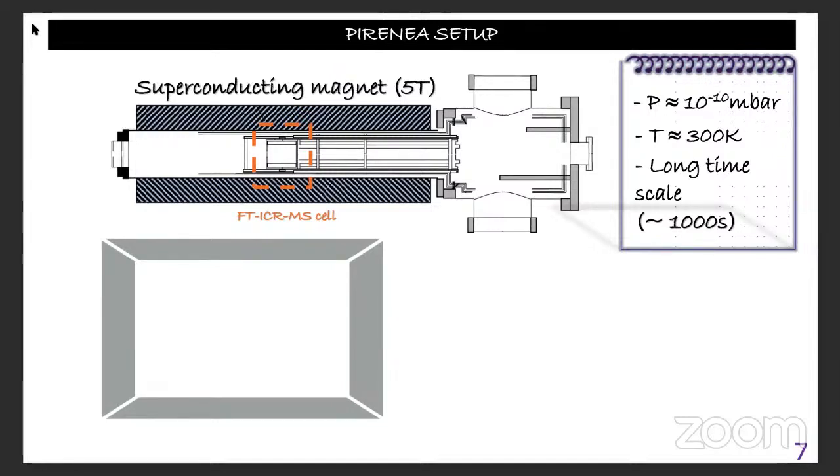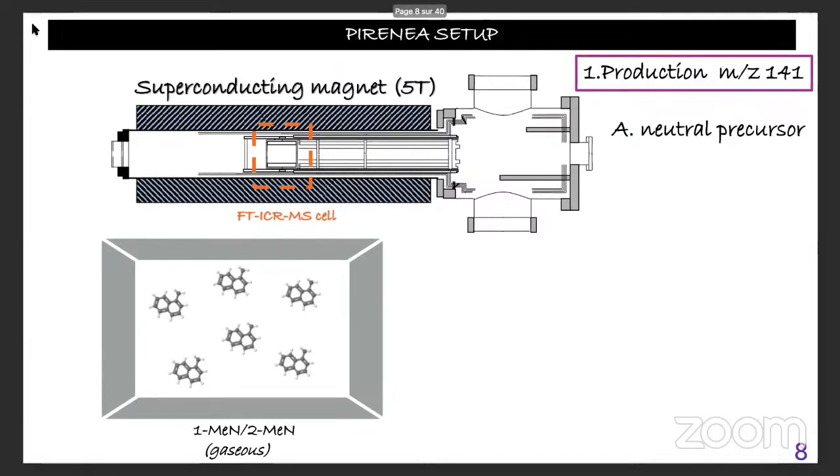Its soul is a Fourier transform ion cyclotron resonance cell, which has good isolation conditions, so we can access long time scales. In these experiments, for producing the cations, the first step is to admit the neutral molecules into the cell directly.